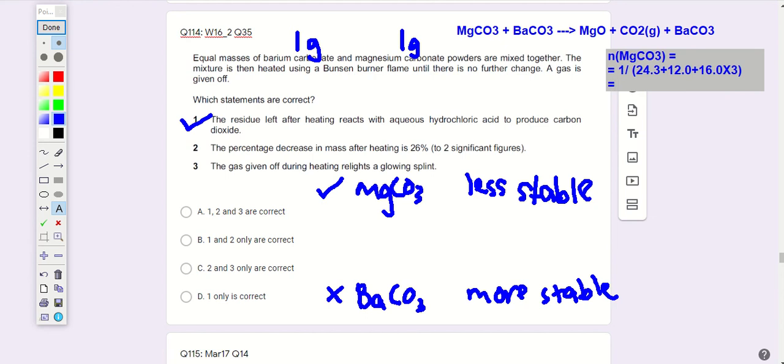Okay, let's do some calculation. 0.0119 mole. Then the number of moles of carbon dioxide will be the same as this, because 1 mole of magnesium carbonate will give you 1 mole of carbon dioxide.